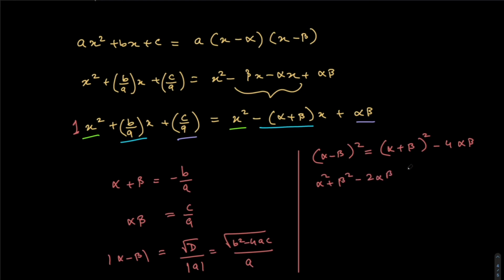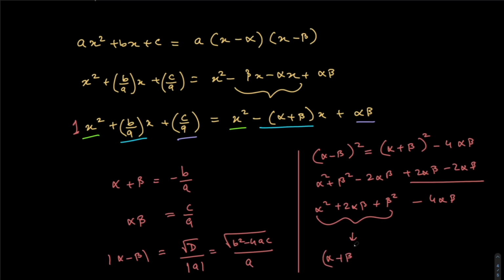Now, if I add 2 alpha beta and subtract 2 alpha beta, it's an unnecessary manipulation I'm doing right here. So now I have alpha squared plus 2 alpha beta plus beta squared minus 4 alpha beta. Now I can factorize this again, and what I'll get is alpha plus beta whole squared minus 4 alpha beta.